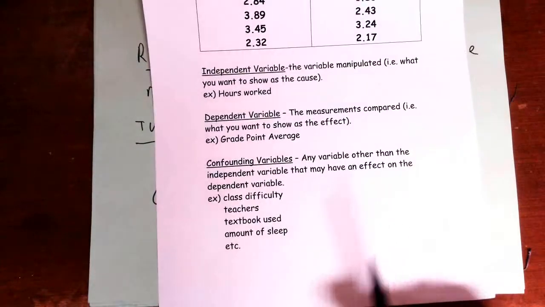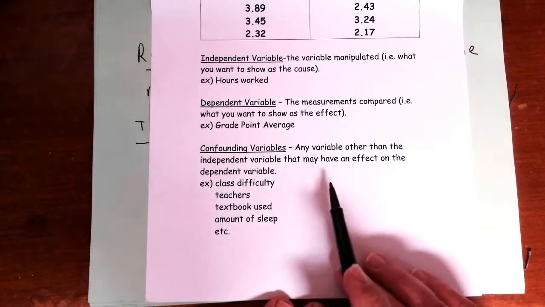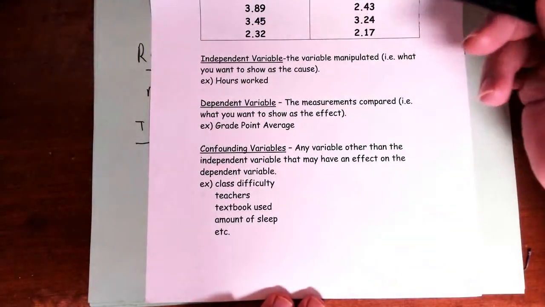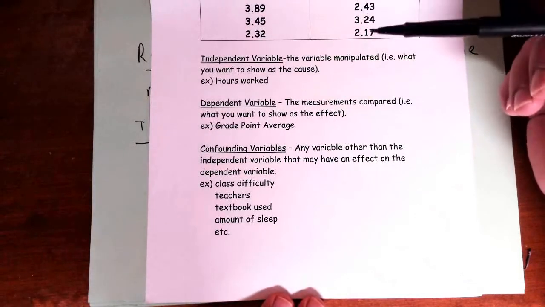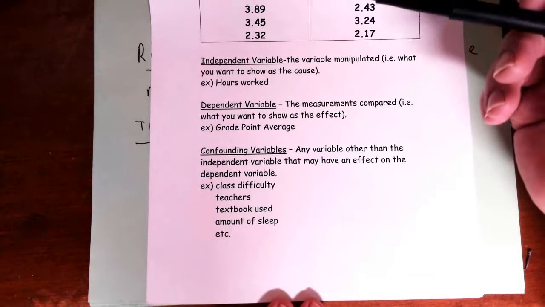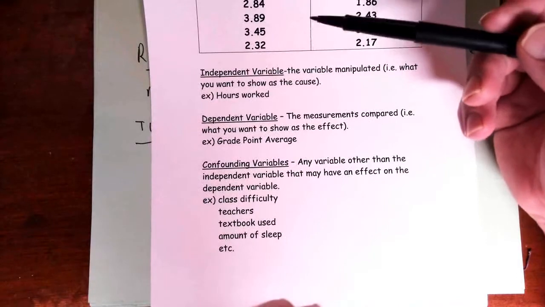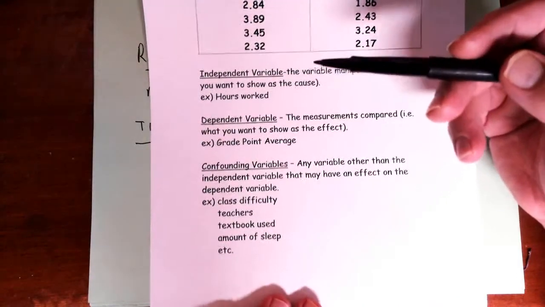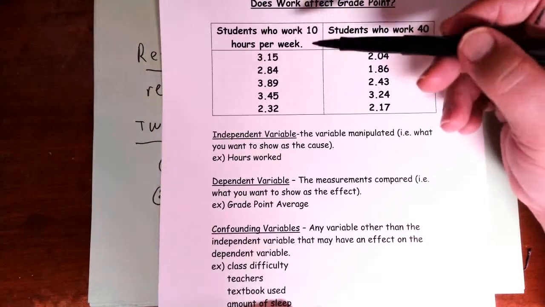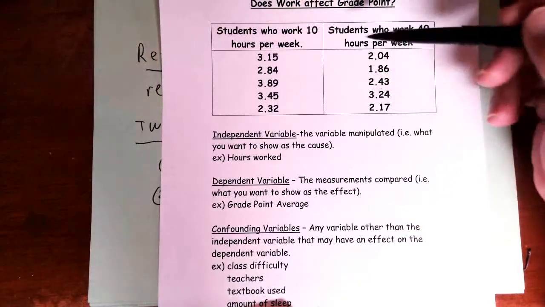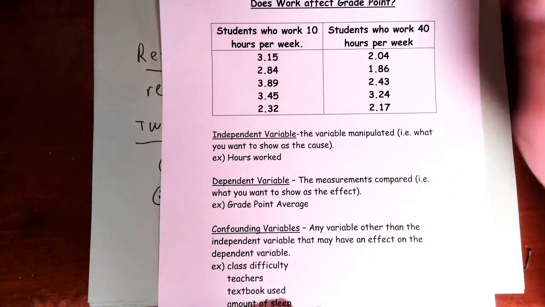But then there's also confounding variables. This is any variable other than the independent variable that might have an effect on the dependent variable. Okay, so what that means is it's anything that might affect the grade point averages other than the number of hours that they work.